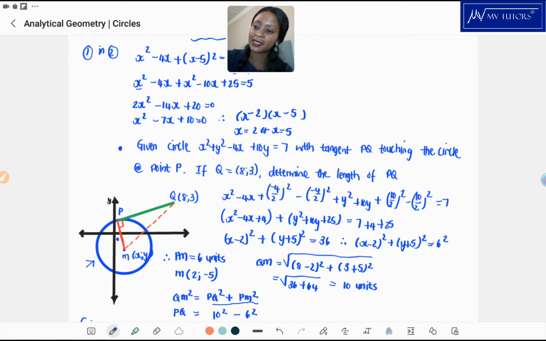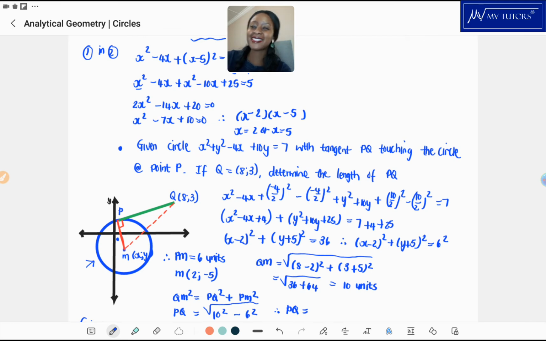So what is PQ? 10 squared is 100, 6 squared is 36, and 100 minus 36 is 64.